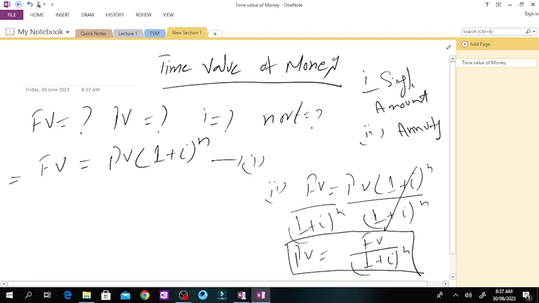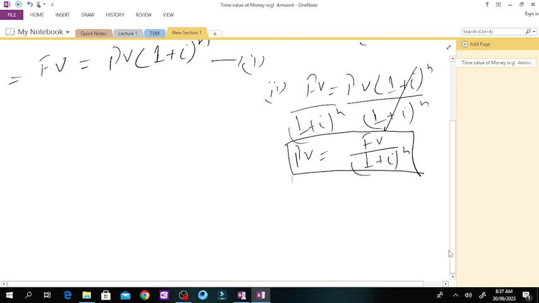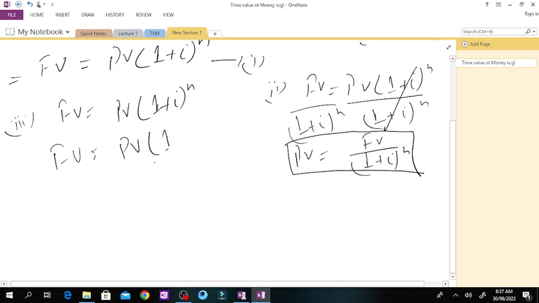Now the next case is that we have a question where we have to find n. The formula is future value equals present value into (1 plus I) power n.